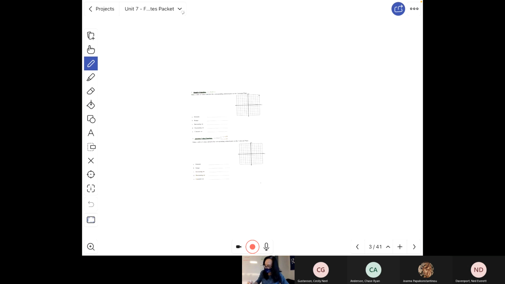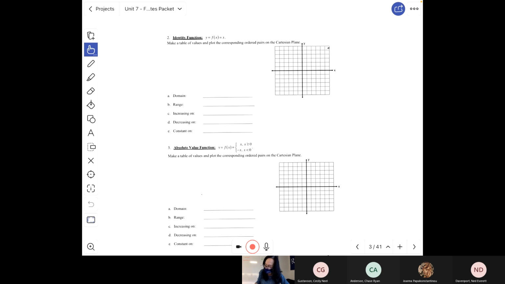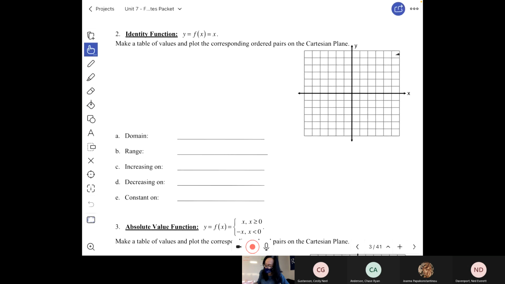Well, let's look at another example. The next parent function that we're going to explore is the identity function. What does the identity function look like? f of x equals x. So again, x can be any real number.